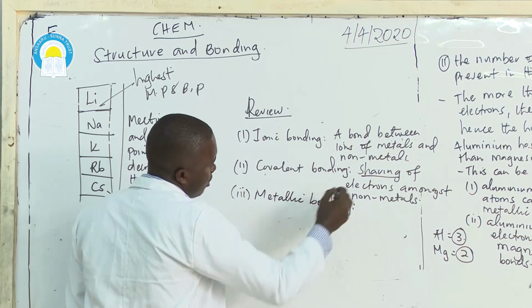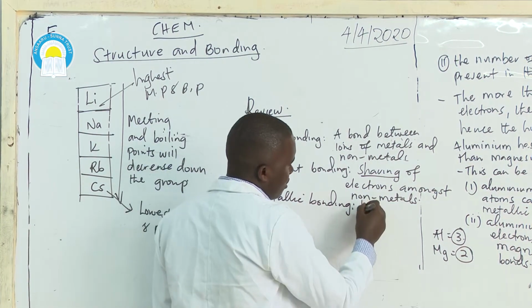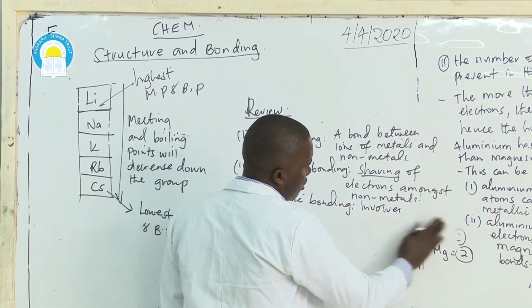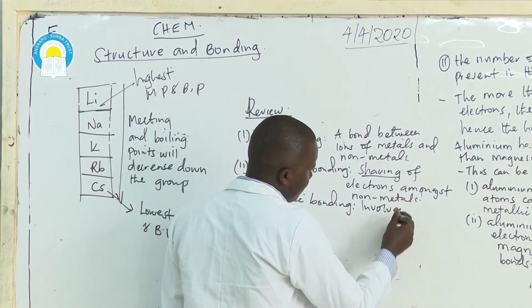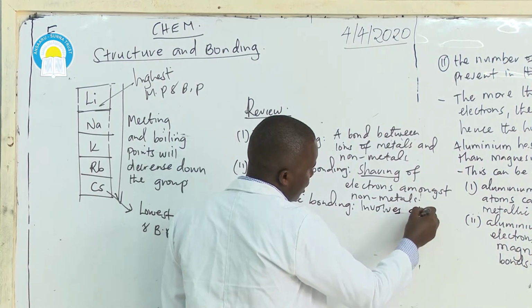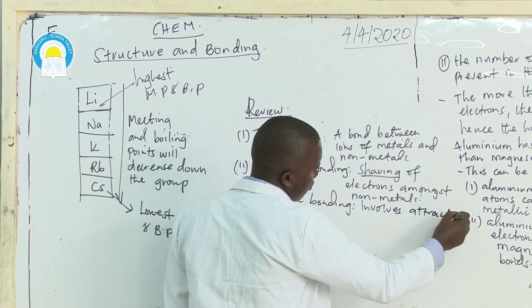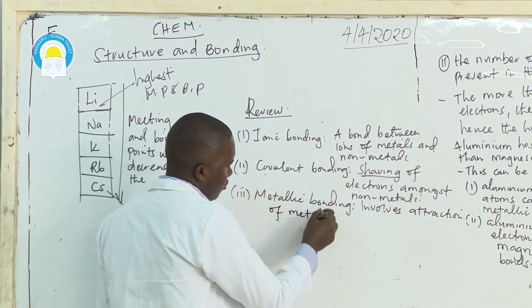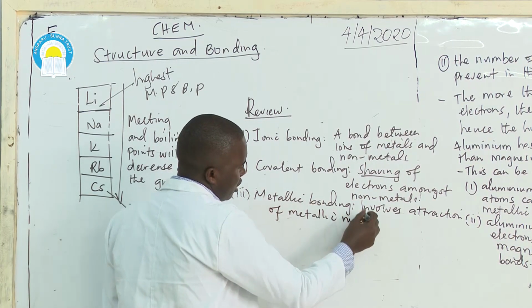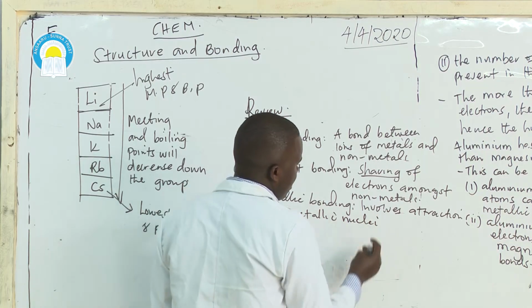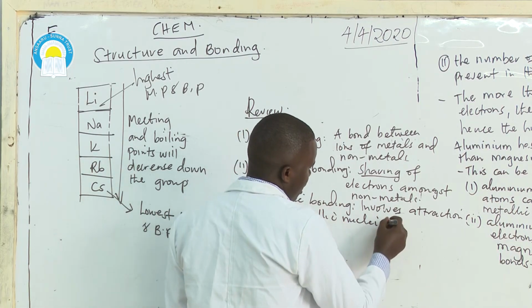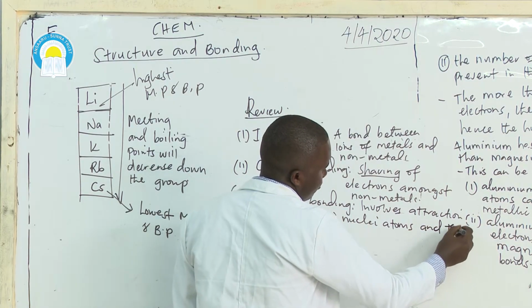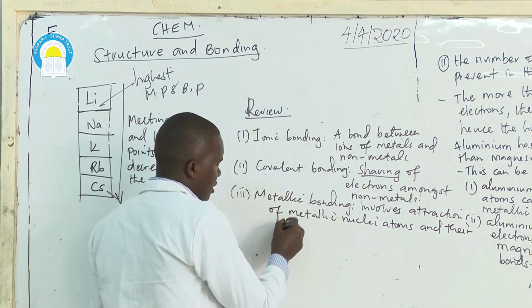bonding. We have said this one involves attraction of metallic nuclei, atoms, and their delocalized electrons.